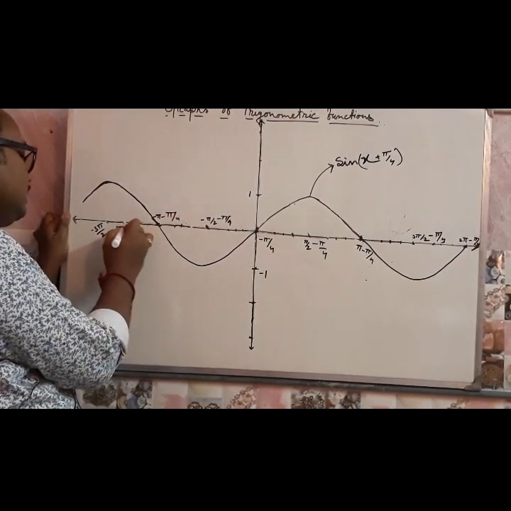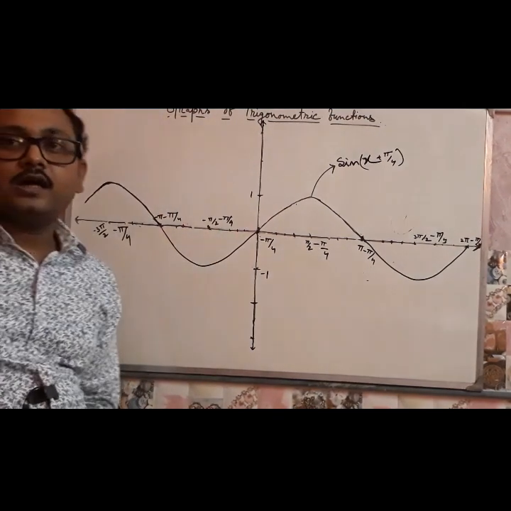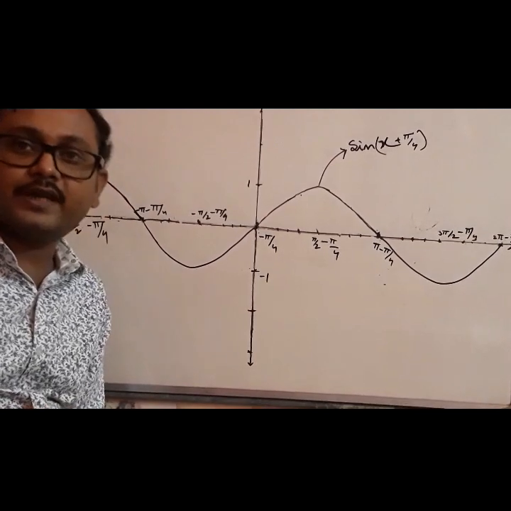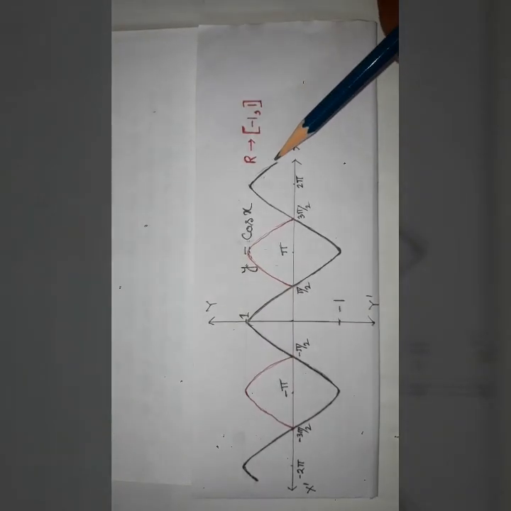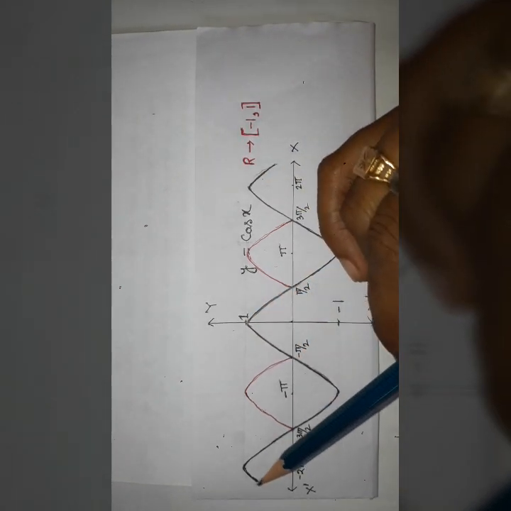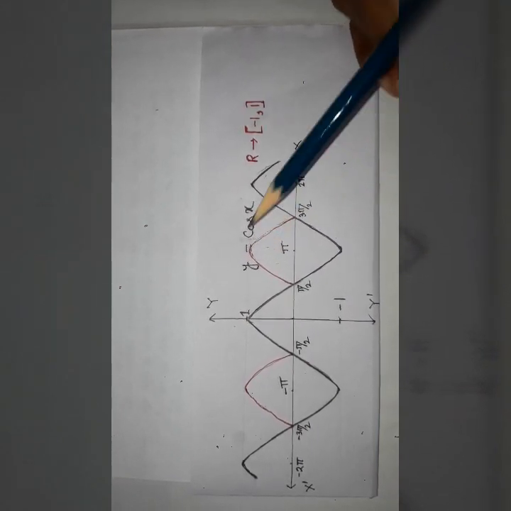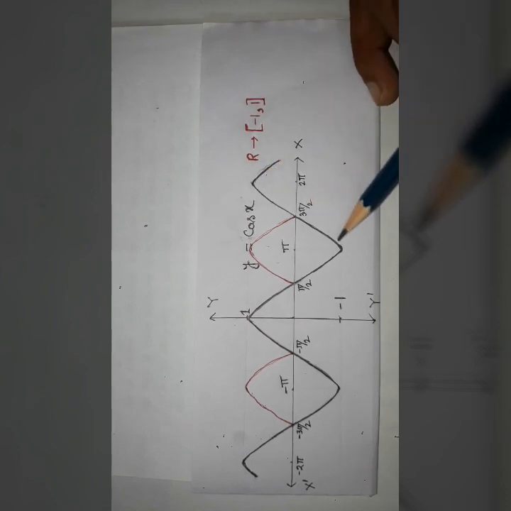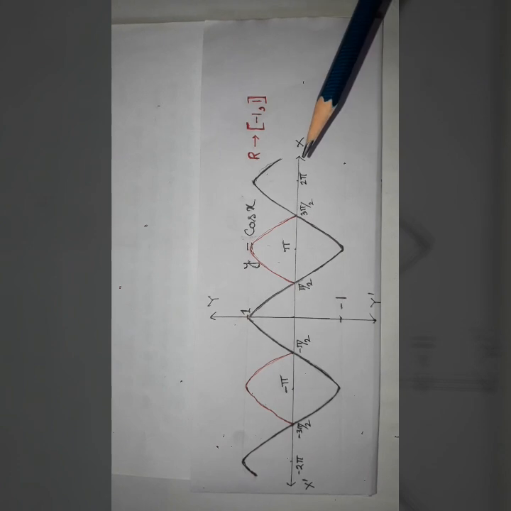And you are to use the same process to draw such type of graphs for other trigonometric ratios. See this black graph, it is the graph of cos x. Don't bother about this red portion, I am telling it later. This is the graph of cos x. Now what will be the graph of cos mod x?